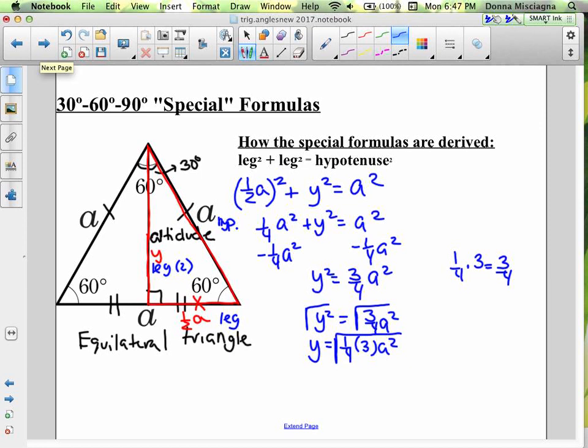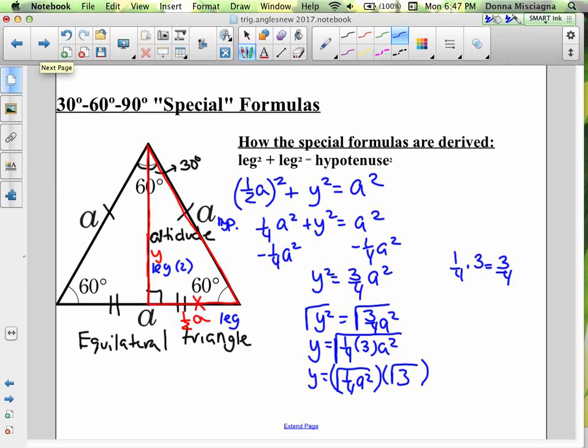I'm going to move things around a little bit. y equals, so I'm going to put the 1/4 and the a squared together. And I can split, so the square root of a product is the same as the product of the square roots. You can't do this with adding and subtracting, but you can with multiplying and dividing. All right, so 1/4 times a squared times the square root of 3, if we couldn't simplify radicals.